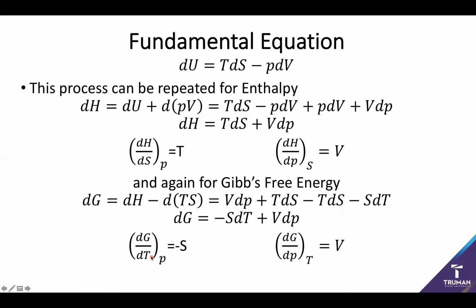With again, if I see an increase in temperature, I'm going to see an increase in the favorability of the system. Again, for a pure chemical species, because entropy will always have to be positive for a pure chemical species.